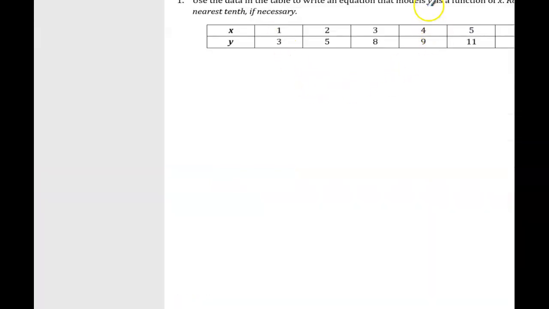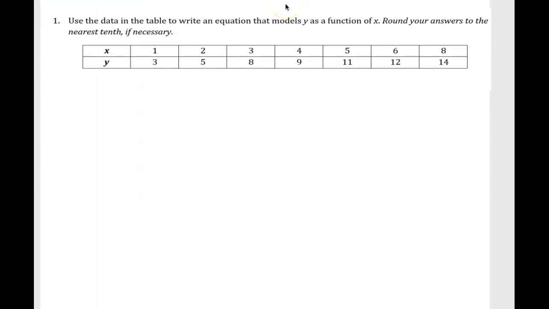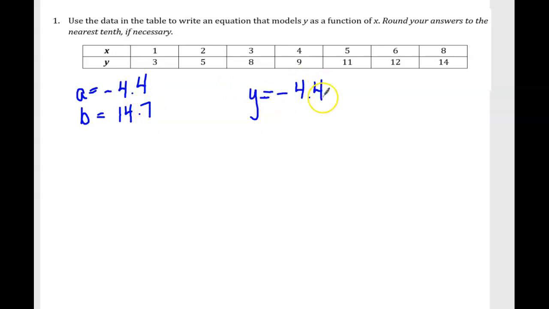So let's write that in. Our A is negative 4.4, and our B is 14.7. So when we write the equation, it's y is equal to negative 4.4x plus 14.7.